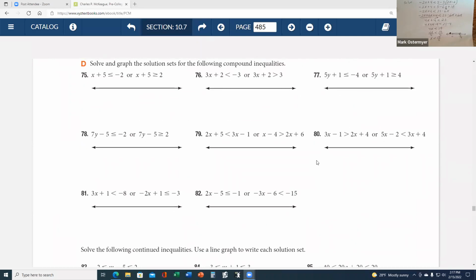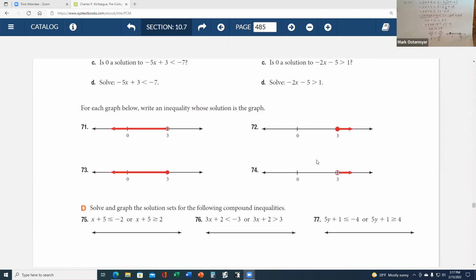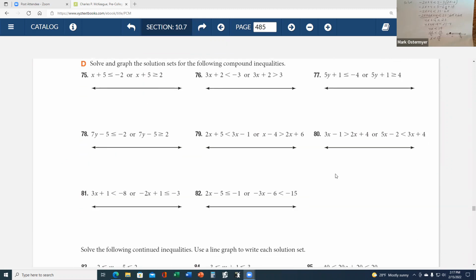All right. Let's see. Ands and ors. Sometimes we run into what are called compound inequalities. And there's two types. You could have an or, or you could have an and. Problem number 76, it's called a compound inequality because they give us two inequality statements separated by the word or.